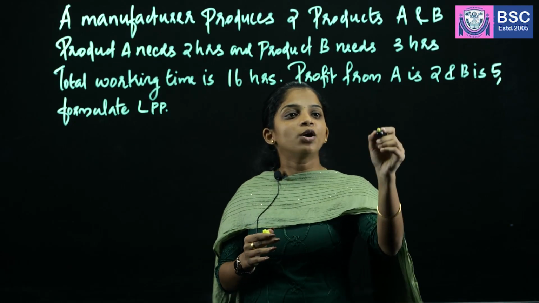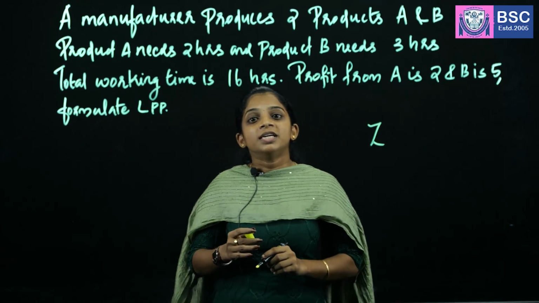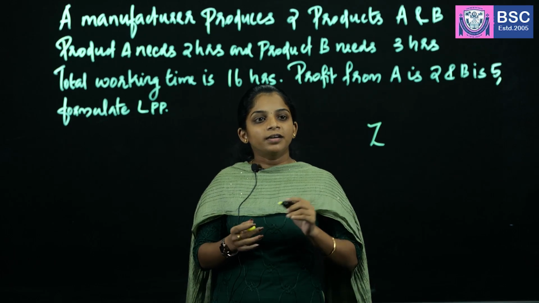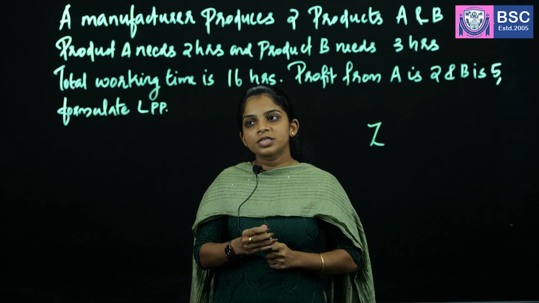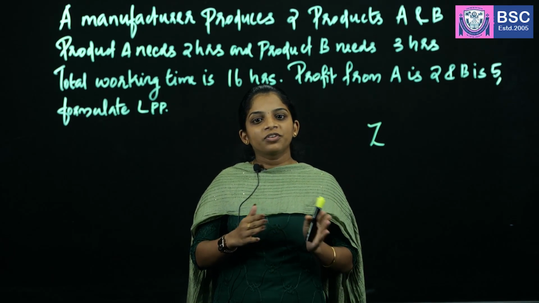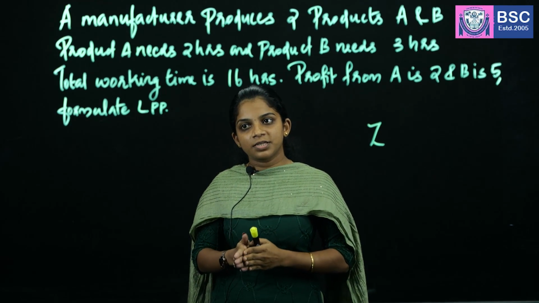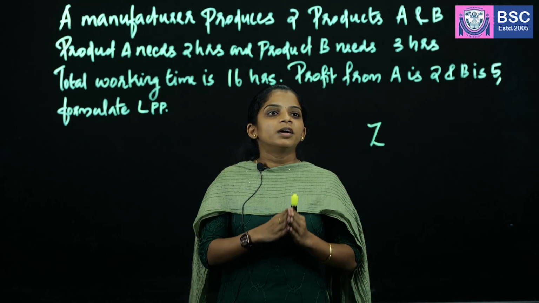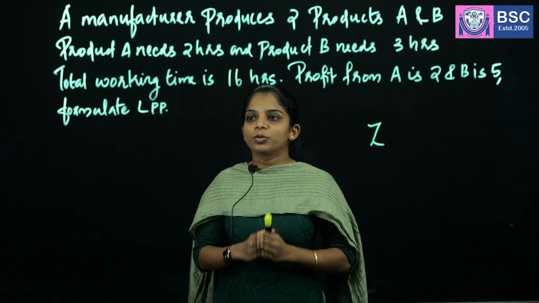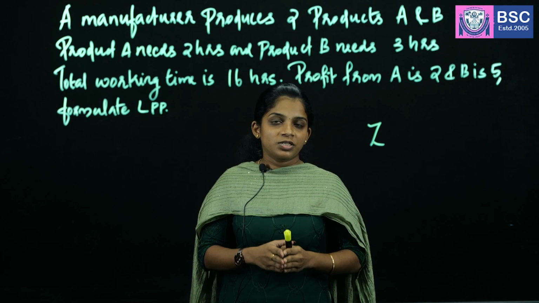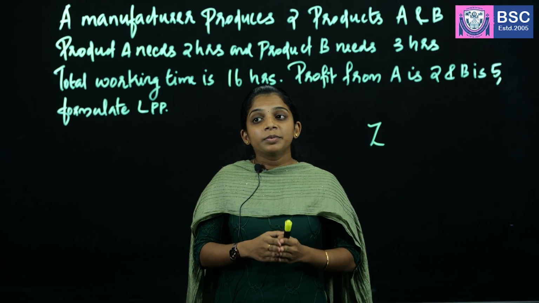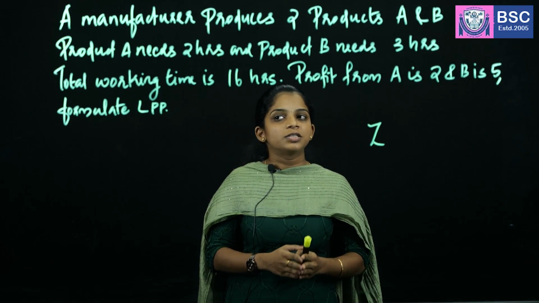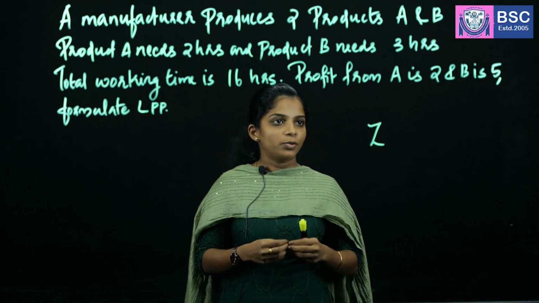Here we denote the objective function by Z. The Z value denotes the objective function. The objective function will be different for different organizations according to different situations. Usually there will be maximization and minimization objectives for every organization. The ultimate objective of every business organization is to maximize profit.